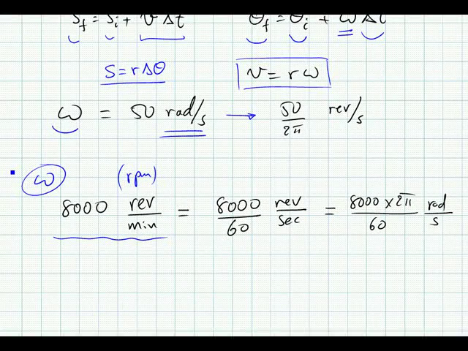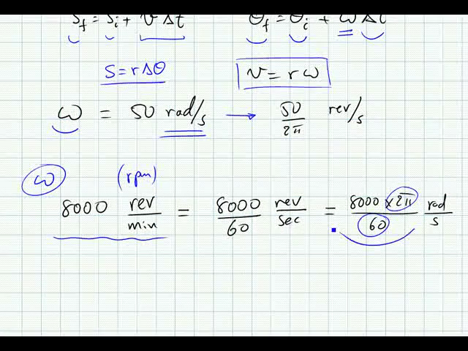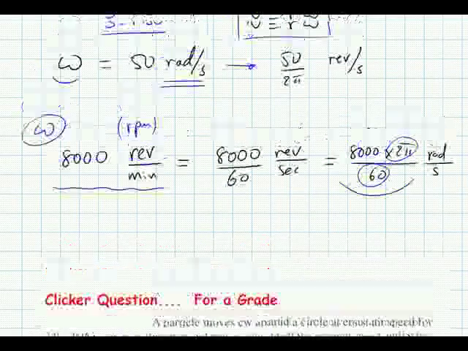There are 2 pi radians per revolution, and there are 60 seconds per minute, so you multiply by 2 pi, divide by 60, and whatever that number gives you, that's our angular velocity in radians per second. So in most of the problems you have to convert back and forth between such units.